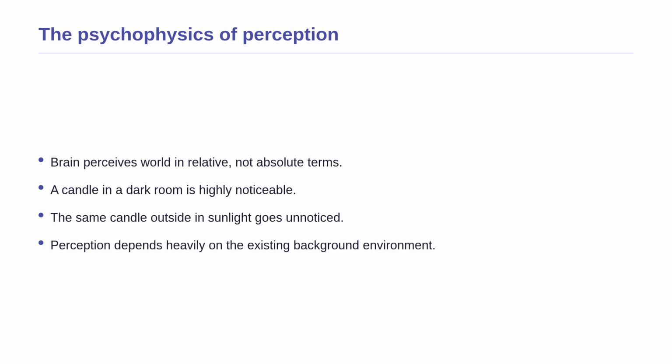Why does this happen? It is because our brain does not perceive the world in absolute terms. Instead, it measures relative changes. The way we perceive a new stimulus depends entirely on what is already there in the background. This relative scaling is a fundamental quirk of our nervous system.